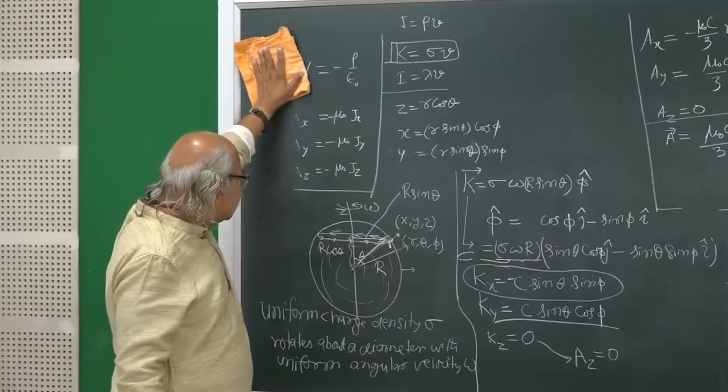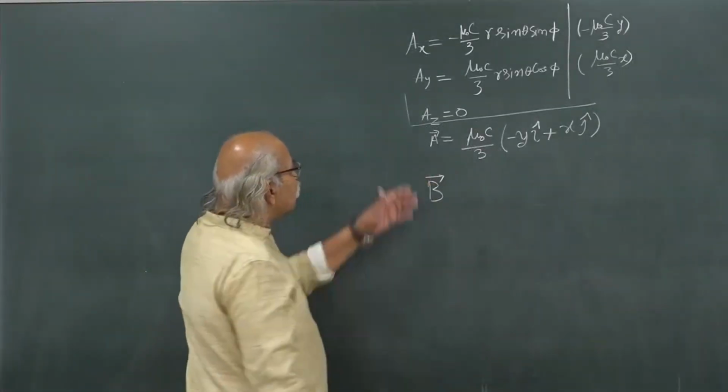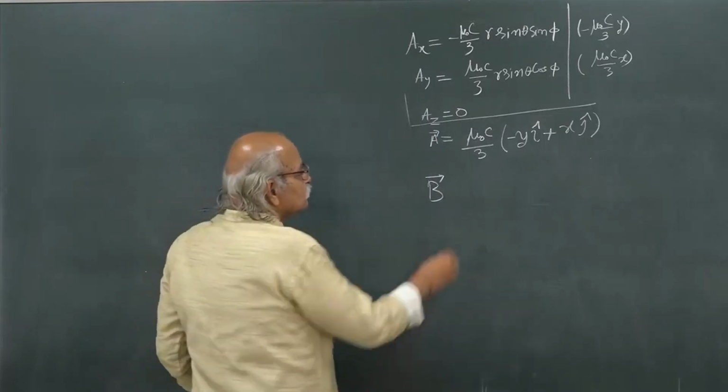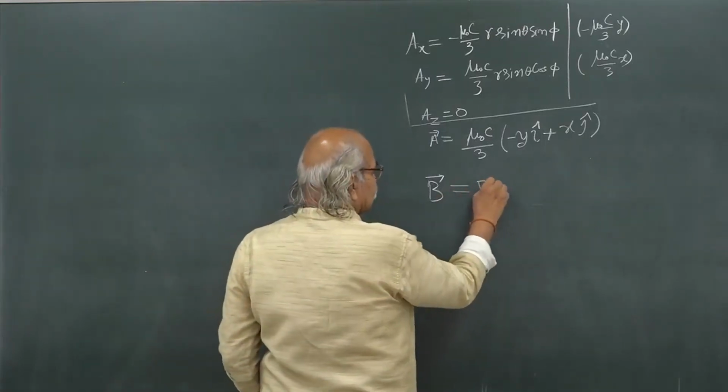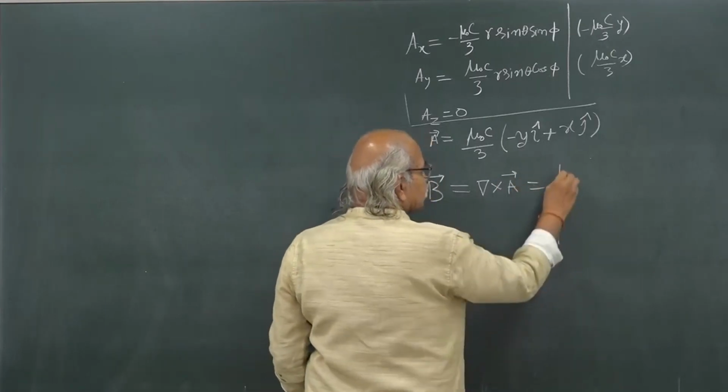So, now I can erase all this. So, magnetic field B, and this is all for inside the sphere, is curl of A, and in Cartesian coordinates it is easy to remember.